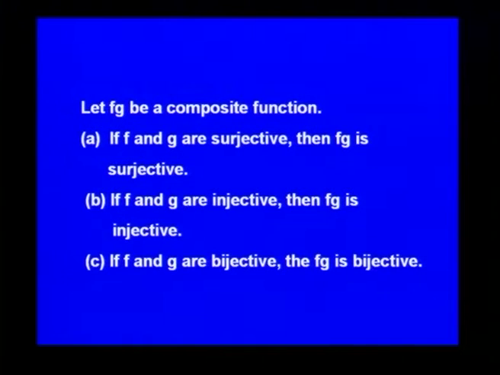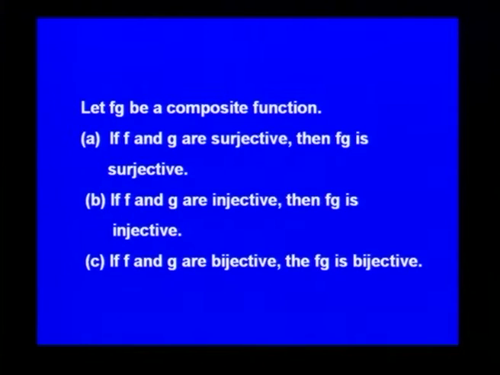Now, let us see some properties of surjective, injective and bijective functions. If you have a composite function f g: if f and g are surjective, then f g is surjective. If f and g are injective, then f g is injective. If f and g are bijective, then f g is bijective.